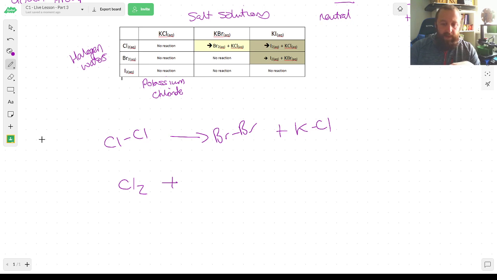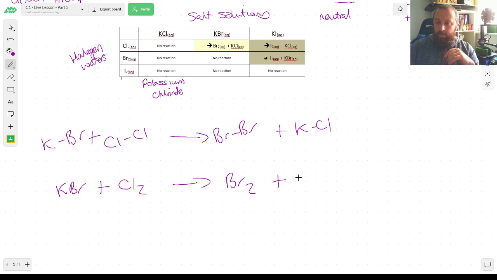So let's just put this down as KBr there, KBr plus, is going to form, and we would need to balance that if we were actually writing this out properly.